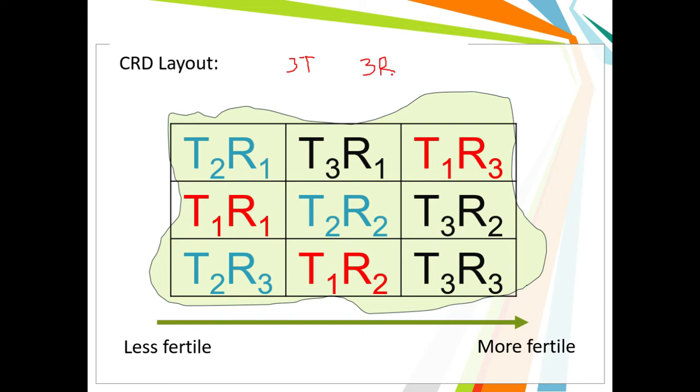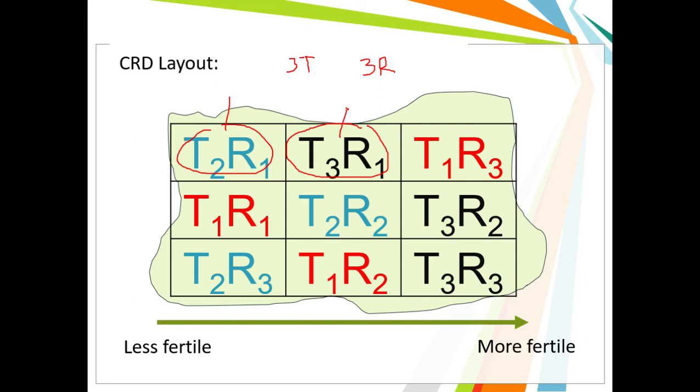And then draw lots or i-randomize yung assignment. Let's say ang first box natin, T2, R1. Ang second box, T3, R1. So, that is because we randomize that complete yung pagkaka-random. Assuming naubos or natapos na yung pag-draw lots or pag-randomize, yan yung ating final layout using the CRD.